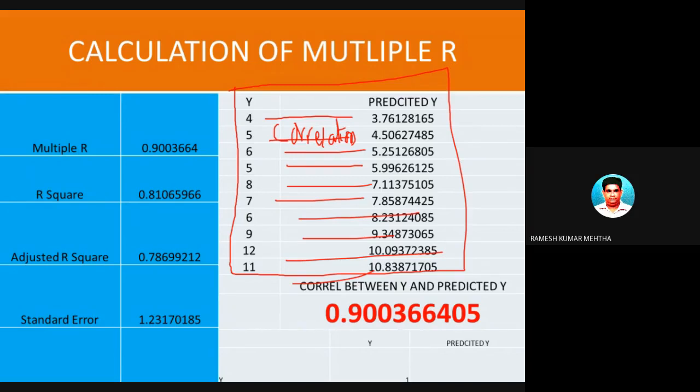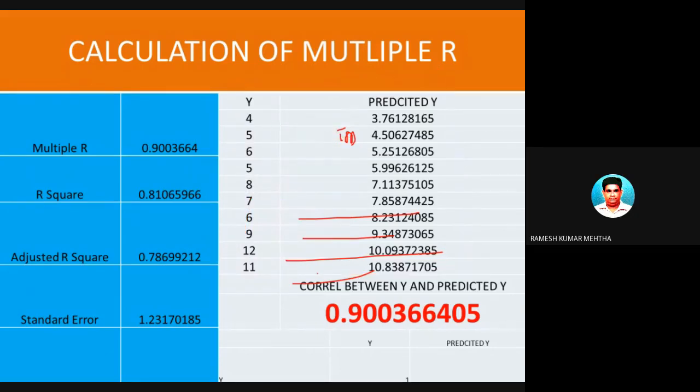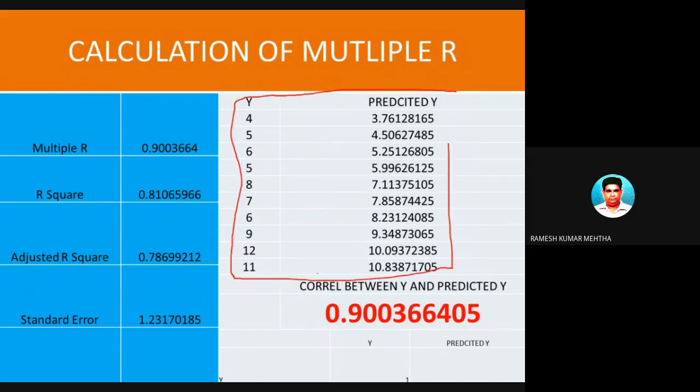So I will have a separate video on how to calculate correlation in an Excel sheet, dedicated to this particular data only. This is y, the actual values. Sorry, these are the number of marks secured, and these are the predicted values of y.